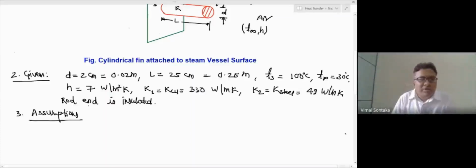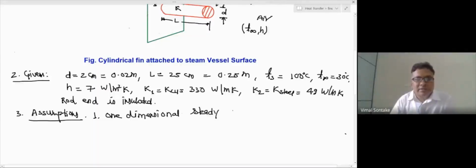So the assumption number one, the very first assumption will be one-dimensional steady state heat transfer.